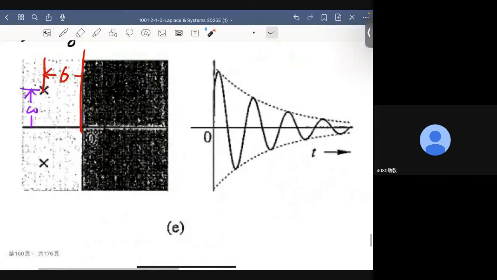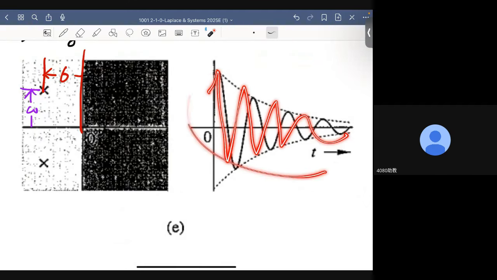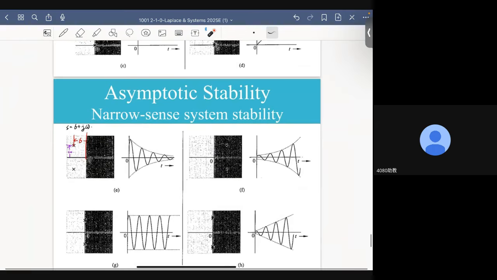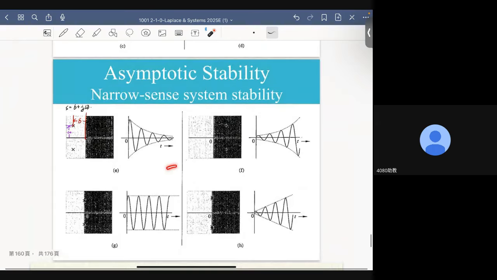As a result, it will increase the oscillation frequency of the response. Okay? So this is a stable system with a pair of complex conjugate poles located on the left half of the s-plane.